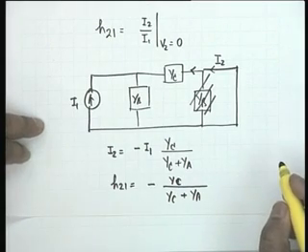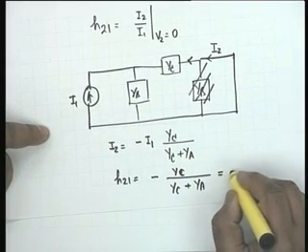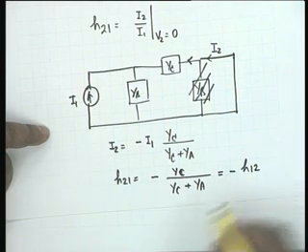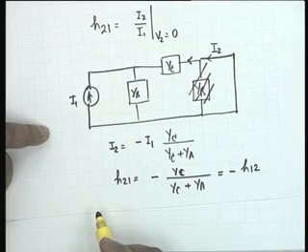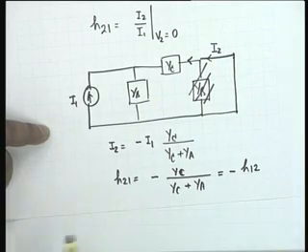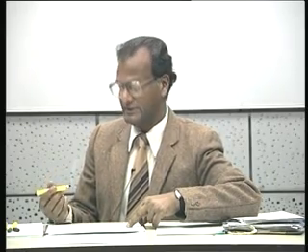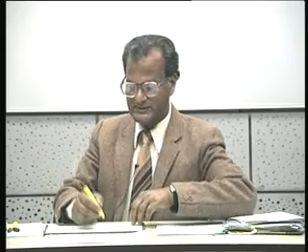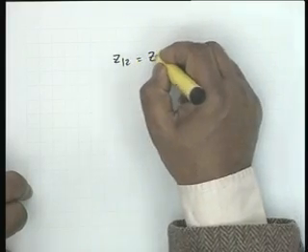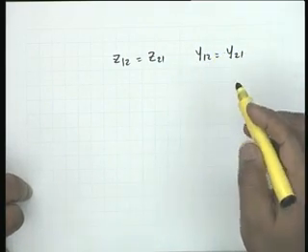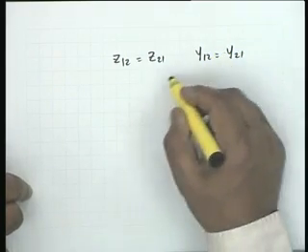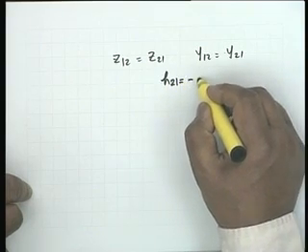And therefore H21 would be equal to minus YC divided by YC plus YA. And if you recall what is H12, you see that this is exactly minus H12. And what does this indicate? This indicates the condition for reciprocity. We assume that YA, YB, YC are bilateral elements, that they pass current equally well in both directions, and therefore what was Z12 equal to Z21 or Y12 equal to Y21 in terms of Z and Y parameters now transfers into H21 equal to minus H12.